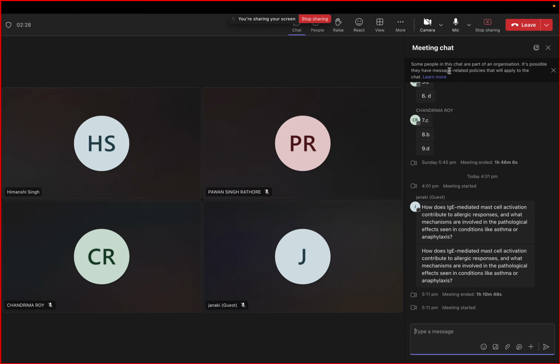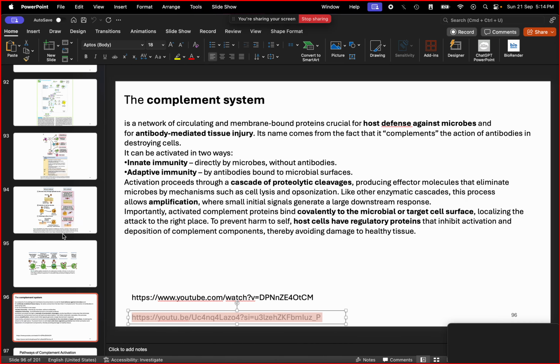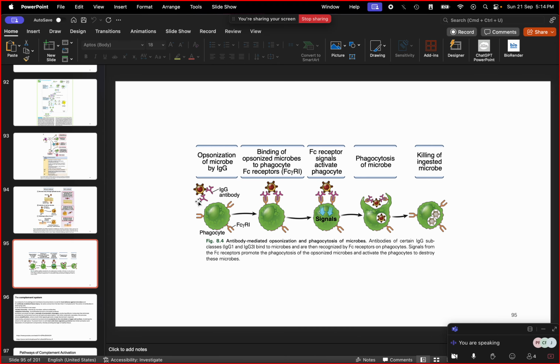Yeah. So we have not yet covered this, like how each and every antibody is doing its function. So what IgE majorly does, just like other antibodies, let me have a reference. So imagine this is IgE and this is a mast cell.